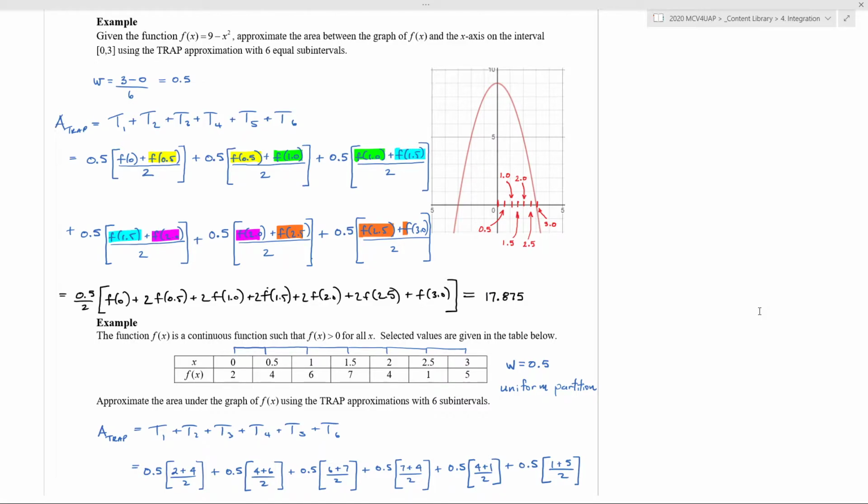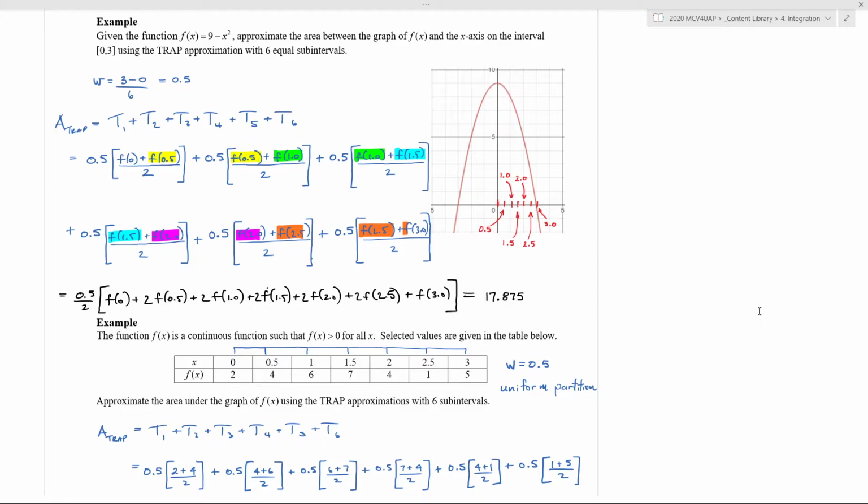Now I didn't draw the trapezoids in there, obviously, because then the diagram is going to become ugly. But I've labeled, so I've taken 3.0 and divided by 6. Our width is going to be a half. Okay, so you can see the partition, the x values, I've split up 0.5, 1.0, 1.5, 2.0, 2.5, 3.0. You can see all that on the graph.